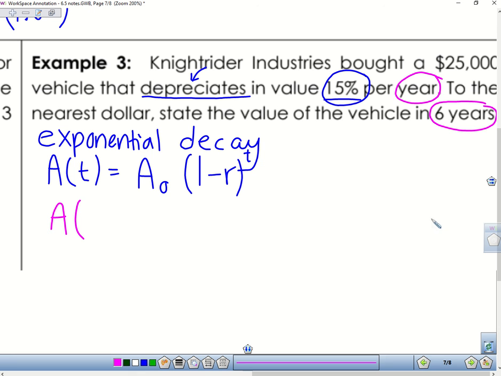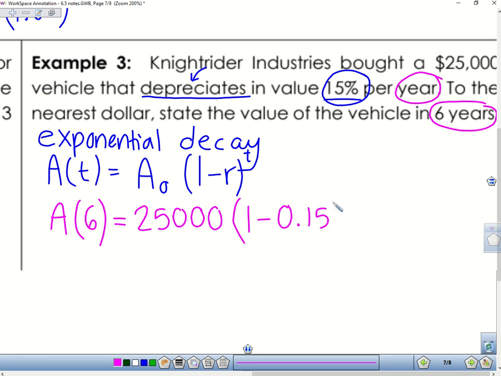So did the units match? Yes, they do. So we're ready to move on. So this is 6 years. A of 6 is equal to your initial amount times 1 minus your rate as a decimal. Don't forget, move the decimal place 2 places to the left, to the 6 as the power.